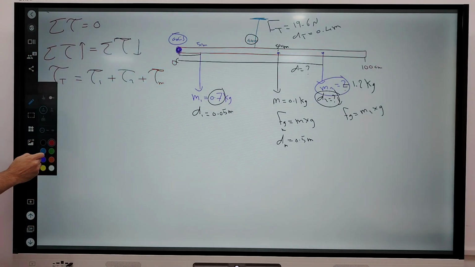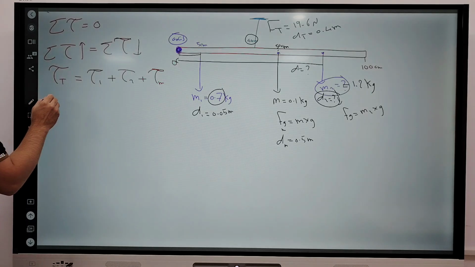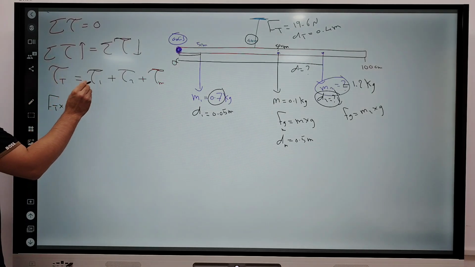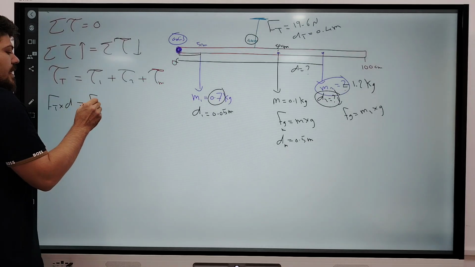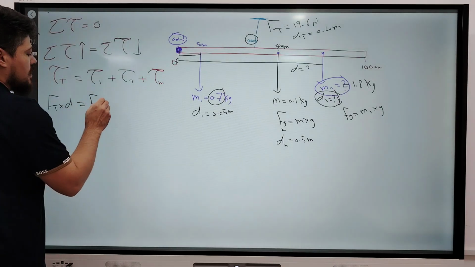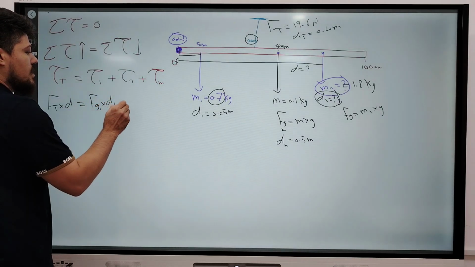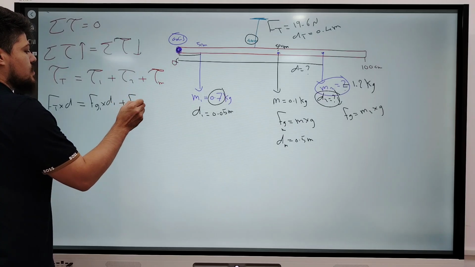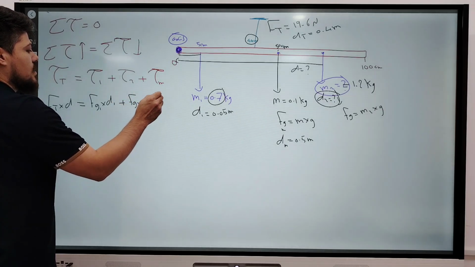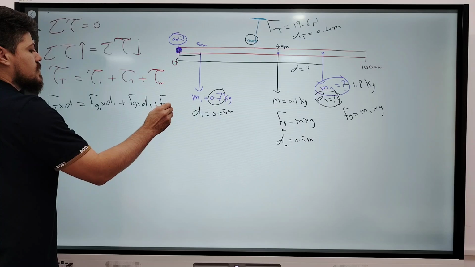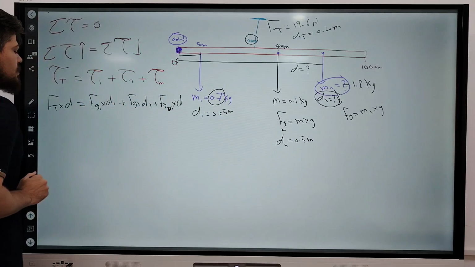Now the equation of the torque is equal to what? Ft times distance for the first one, Fg1 times d1, for the second one Fg2 times d2, and Fg of the meter stick times the distance of the meter stick.